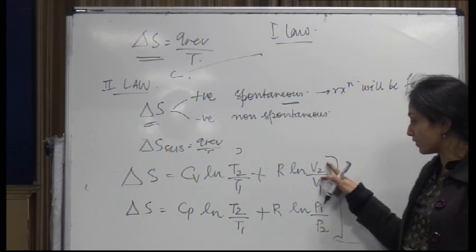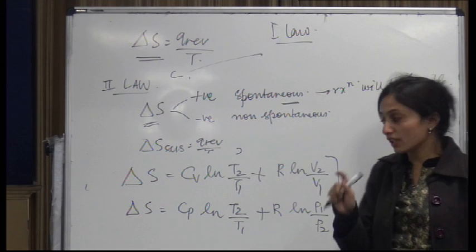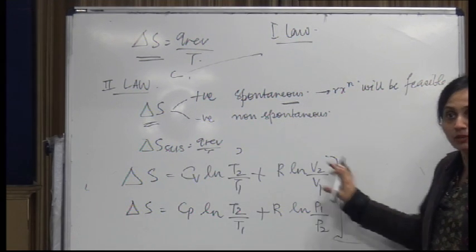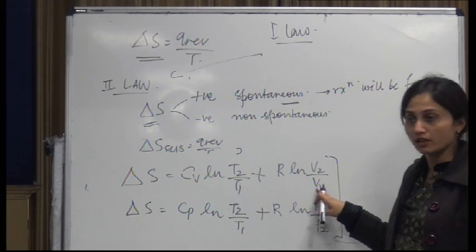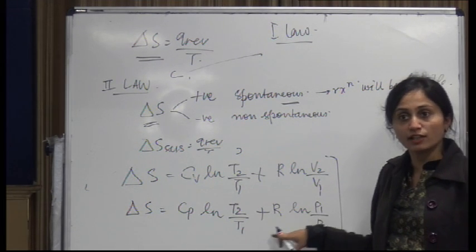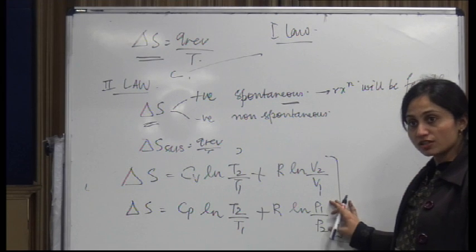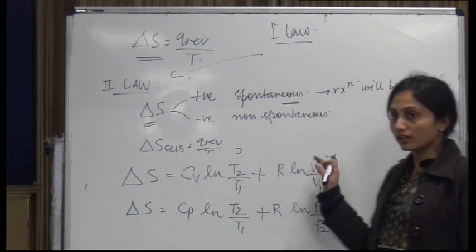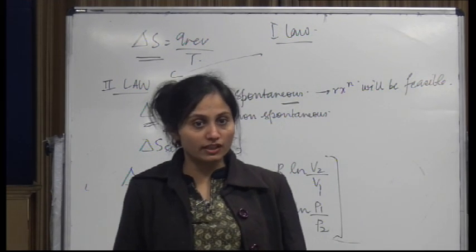When it is V2 by V1, here it will be P1 by P2. पर ये ध्यान रखना कि if it is constant temperature and volume change is given, you will directly use the formula R ln V2 by V1. And if it is again constant temperature and pressure change is given, it will be R ln of P1 by P2. And if pressure is constant, then it will be Cp ln of T2 by T1, or if volume is constant, again Cv ln of T2 by T1. Clear with it? Okay.